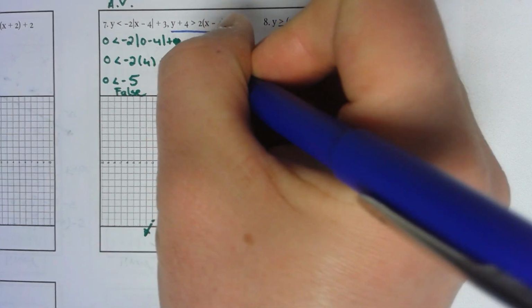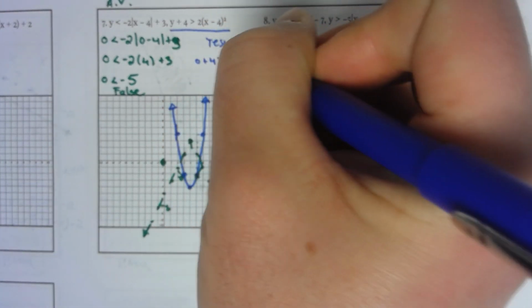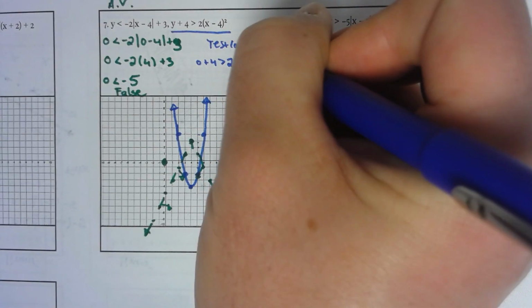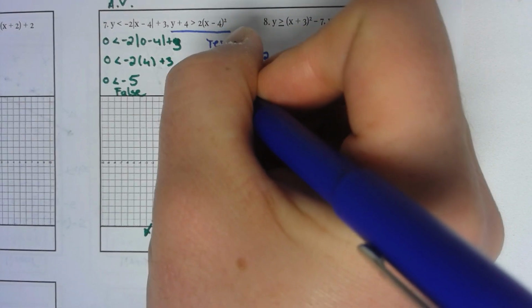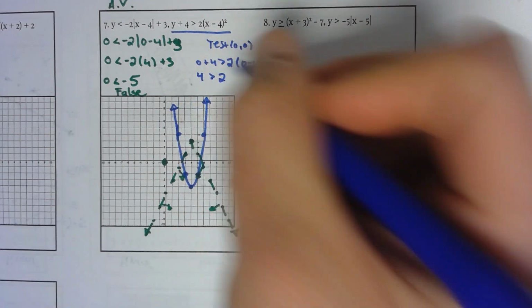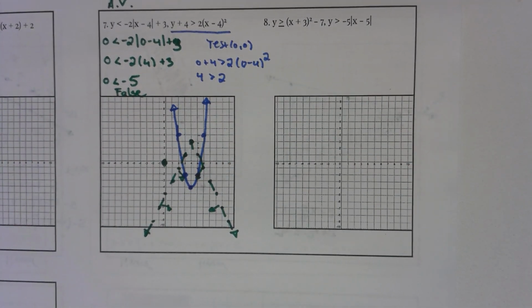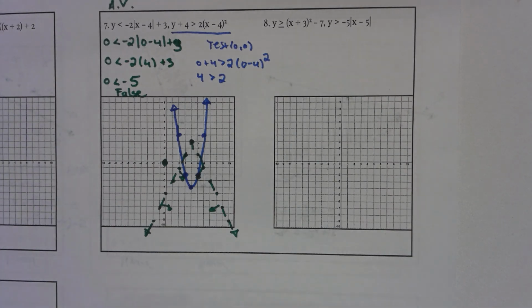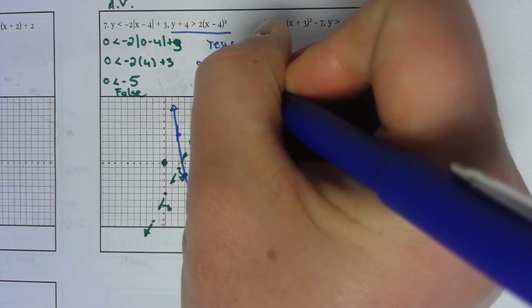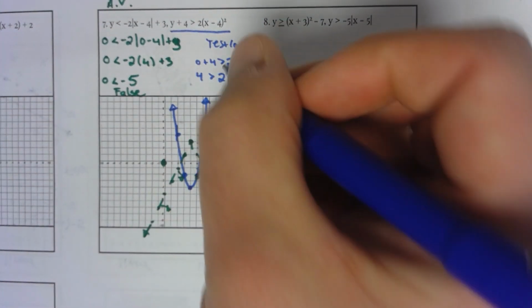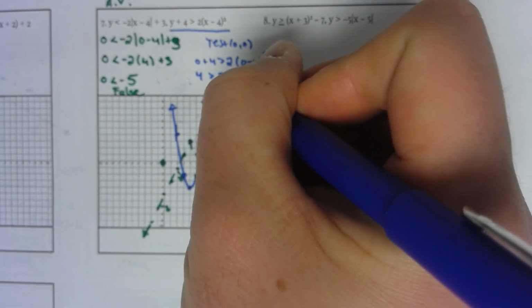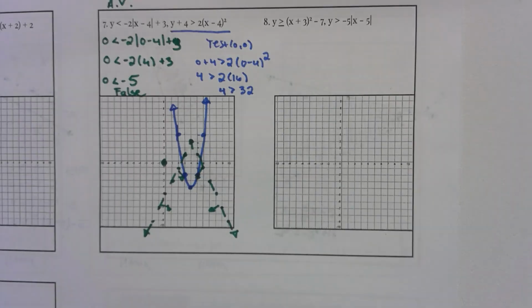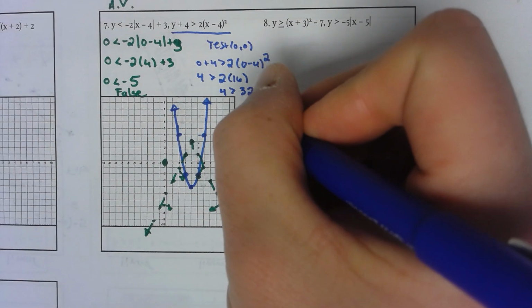So 0 plus 4, is it greater than 2 times (0 minus 4) squared? Well, 0 plus 4 is 4. And then that's 2 times -4 squared. Anytime we square something, the result is always positive. So that's a positive 16. And then 2 times 16 is 32. So I get 4 is greater than 32, which is false.